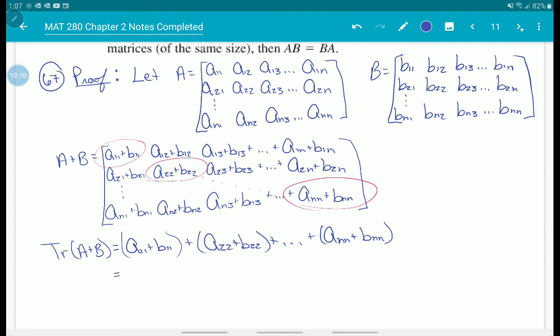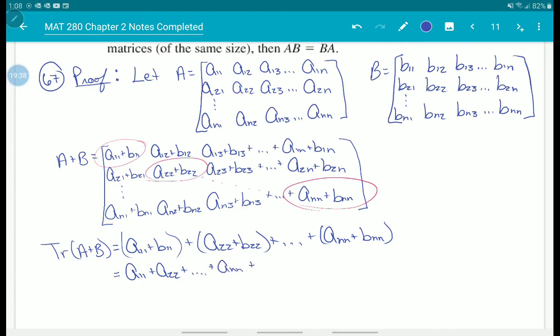Now, what's cool is that we're dealing with real numbers, and we can change that grouping. You guys remember the associative property is all about grouping. Well, we can change the grouping and we can change the order. So if I were to add A11 plus B11 plus A22 plus B22, couldn't I group all the A's together? A11 plus A22 plus A33 all the way up to ANN.